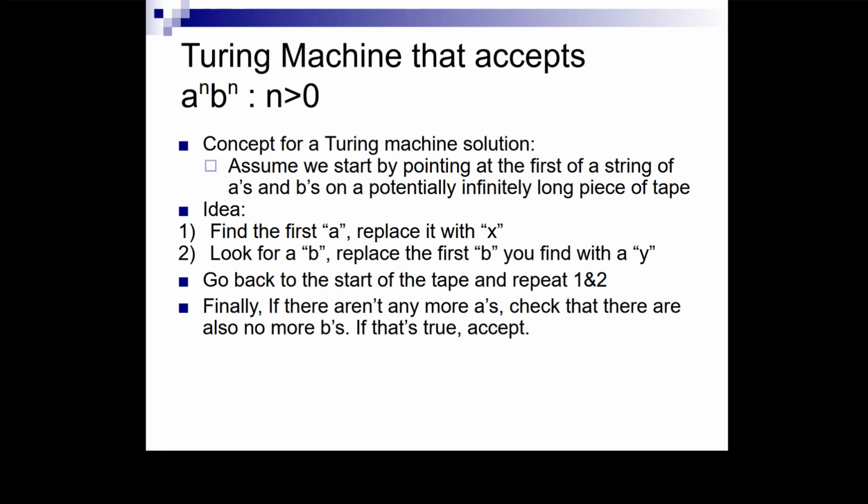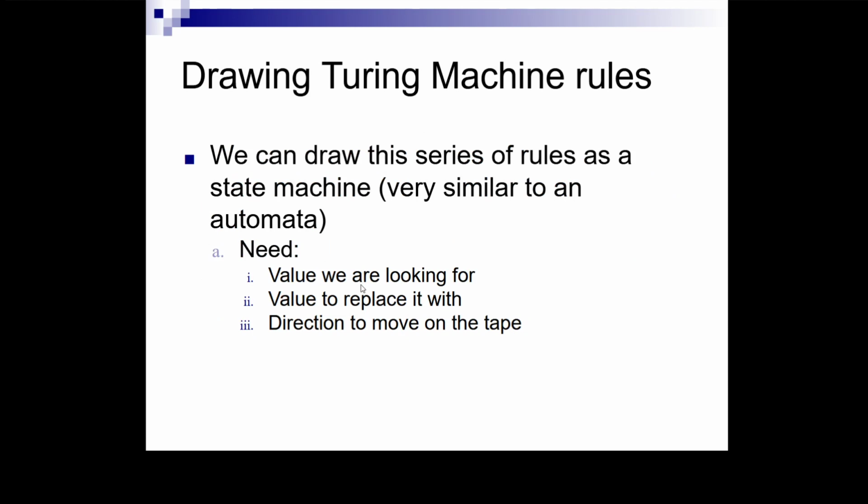So how do we actually convert this into a Turing machine? How do we actually make this happen? Well, we define these rules, so we think about what these rules are going to be, how to solve the problem. Then we have to figure out how to draw these rules as a state machine, something that looks a lot like an automata.